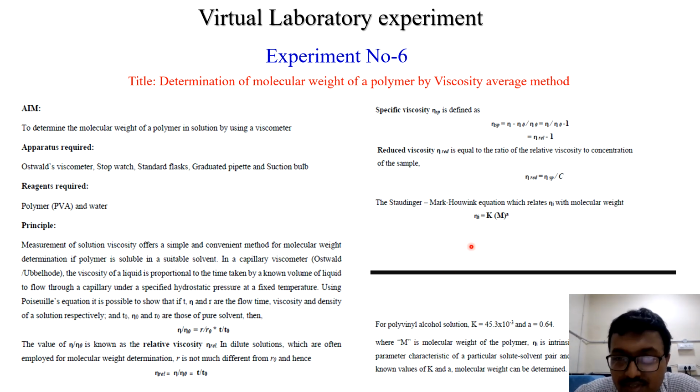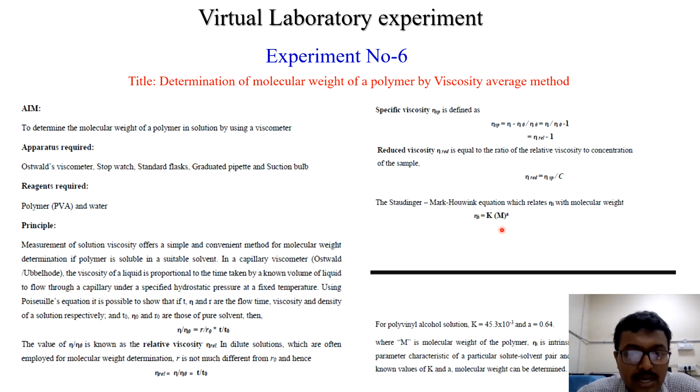For that we have the formula: viscosity equals K M to the power A. M is the molecular weight, and K and A are constants. There are different types of viscosity, such as specific viscosity and reduced viscosity. The reduced viscosity is proportional to K M to the power A, where M is our molecular weight.